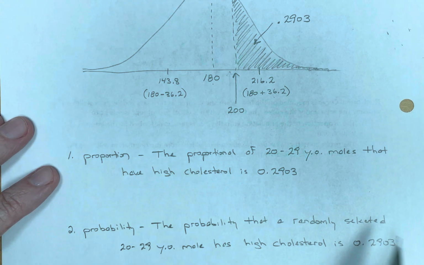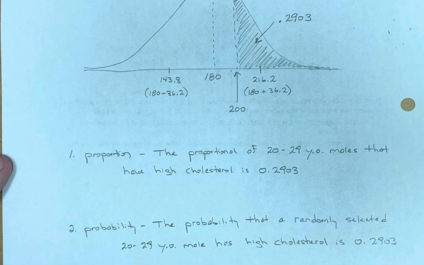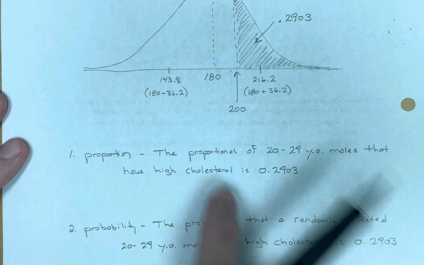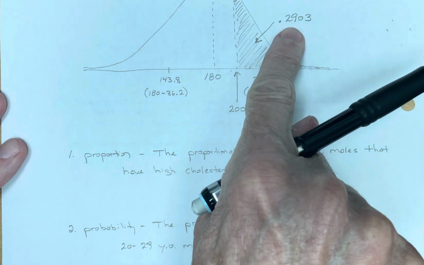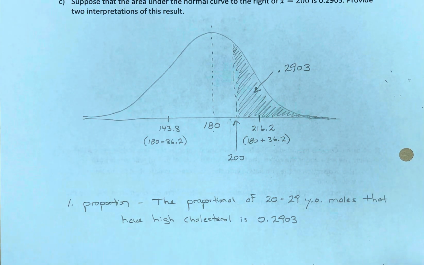If you want to express that probability as a percent, 29.03%. So the probability that a randomly selected 20 to 29-year-old male will have high cholesterol is just under 30%. So those are the two meanings of this number, which is the area under the curve. Okay, so there you have it. The normal distribution and applying the empirical rule.